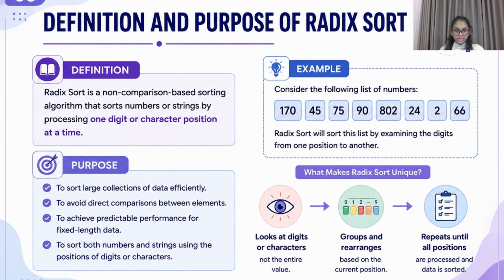Another really important point is that Radix Sort doesn't directly compare complete elements in the way that comparison-based algorithms do. Instead, elements are distributed into groups or buckets according to the digit currently being processed. So if you remember just one thing from this slide, remember this: Radix Sort organizes data digit by digit instead of comparing complete values directly.